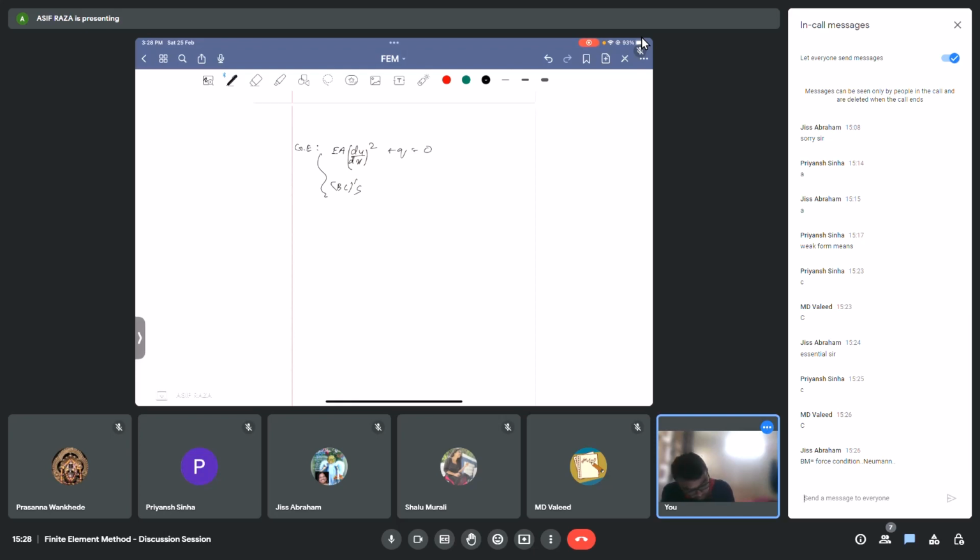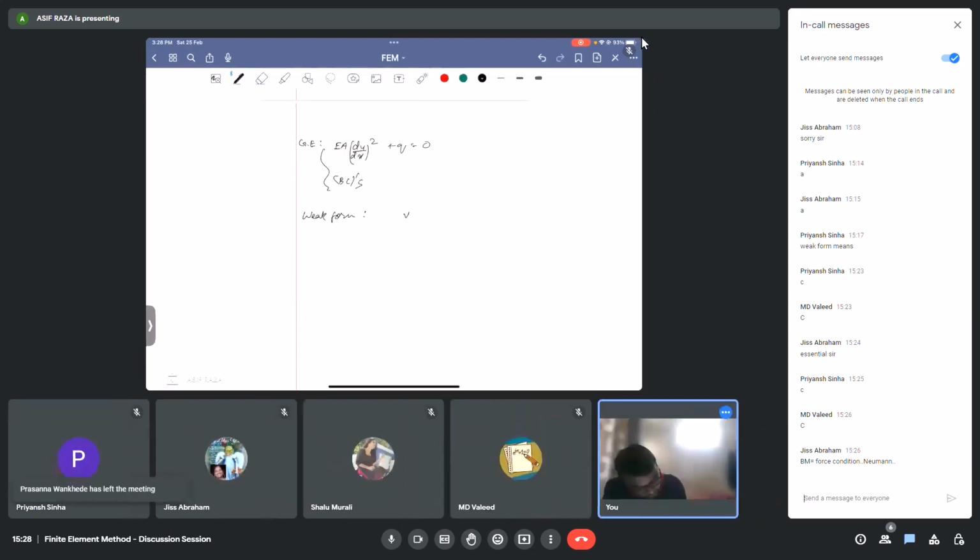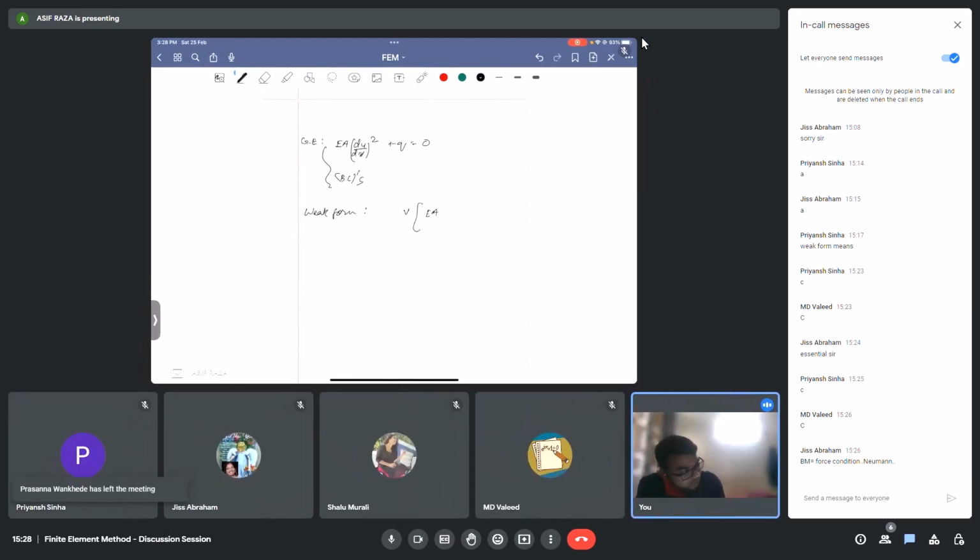So for the weak form, what do we do? We multiply the residue with the weight function, v times EA d/dx of du by dx plus q, dx, and suppose this equals 0.